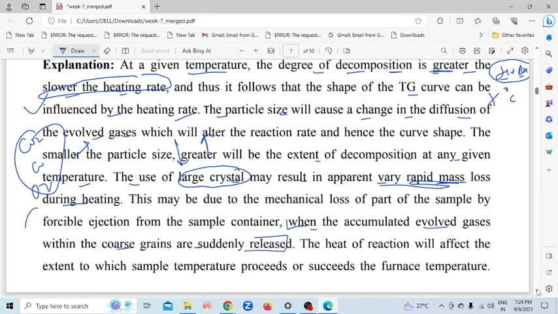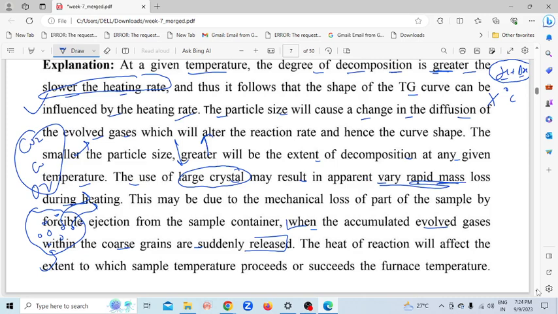Suppose it is a big chunk of your sample and some gases are trapped. When you increase the temperature, these gases will be evolved, and due to the evolution of these gases, sudden mass loss will be observed.